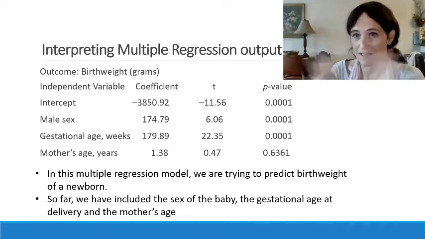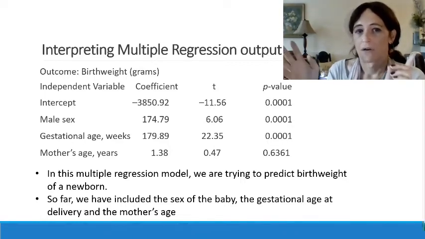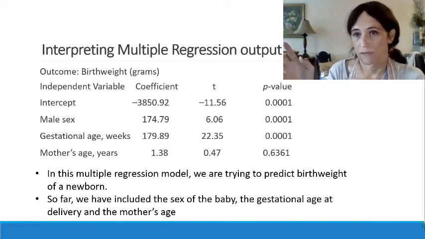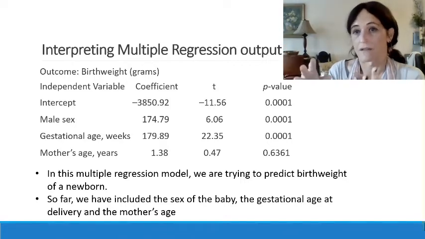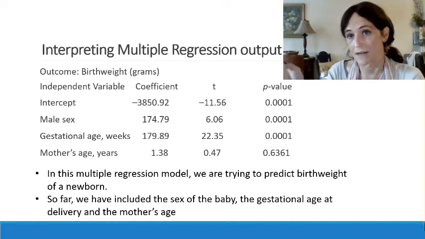And that's as far as you can go on that scale. Whereas for gestational age, we're talking about 1 week, so what would be the difference in predicted weight? Well, for 2 weeks, it would be 2 times that. 3 weeks, it would be 3 times that. So again, it's always in terms of the original units.